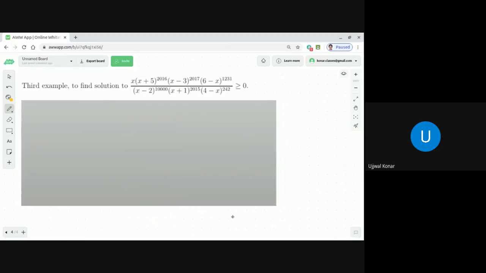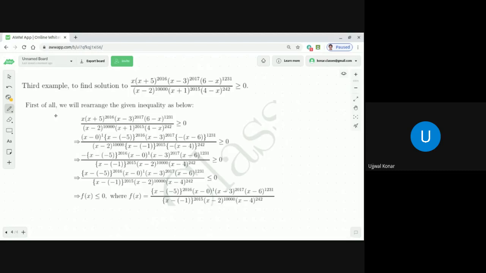And I'll justify why this rearrangement happened like this. First of all, we will rearrange the given inequality as mentioned here: x into (x plus 5) power 2016, (x minus 3) power 2017, (6 minus x) power 1231, as it is in the numerator I have written so far. Then in the denominator, I am writing whatever the initial expression given.